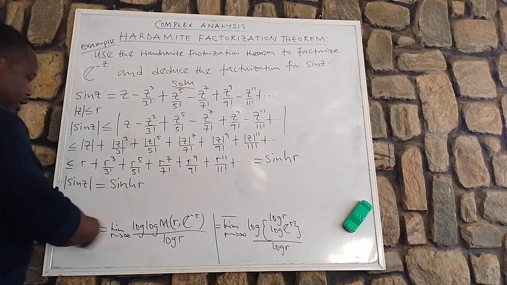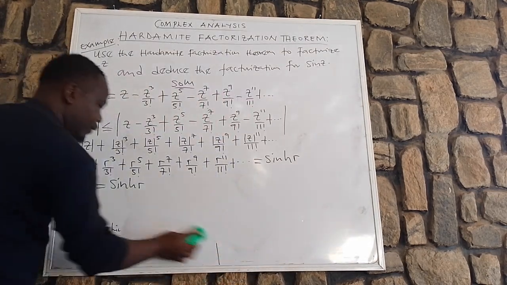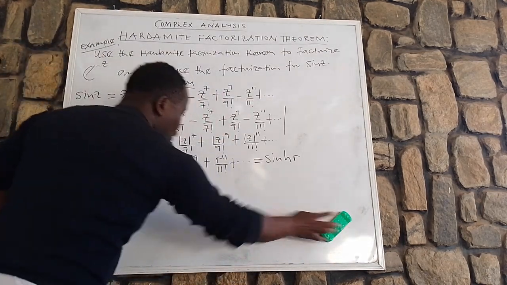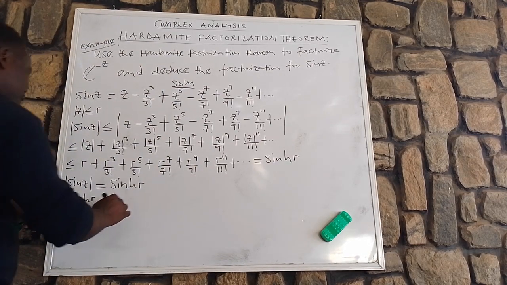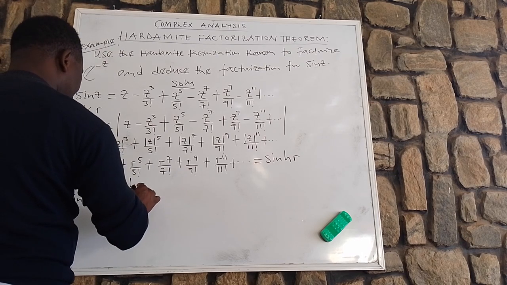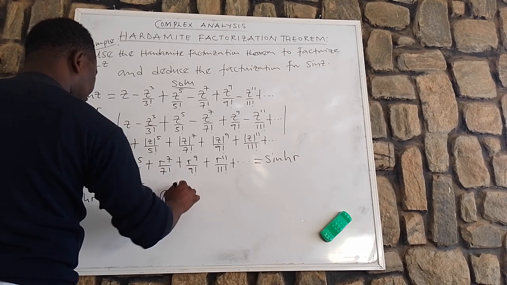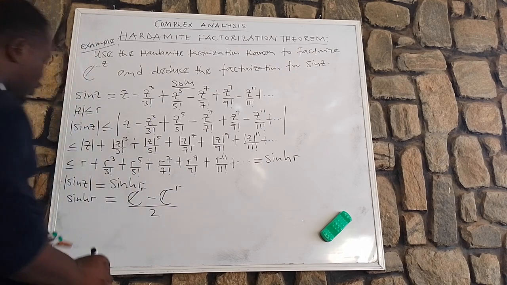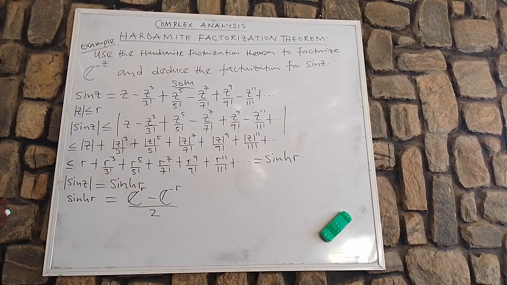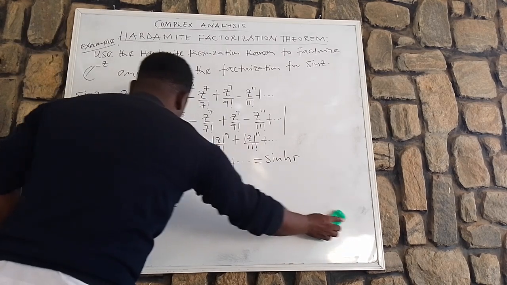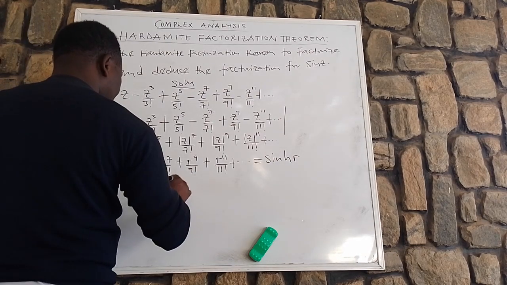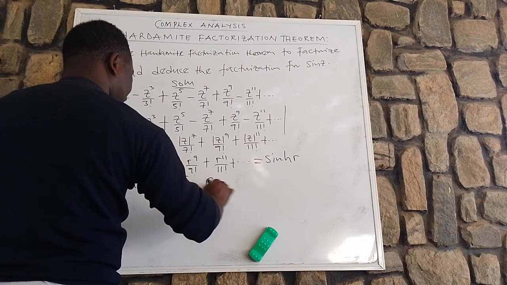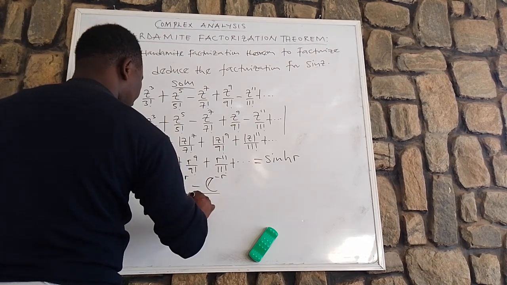Okay, can I clean this part? Go back to your hyperbolic function where we know that sinh R is the same thing as exponential R minus exponential minus R all over 2. So this is the same thing as this. So please take note. Are you following? So this implies that this is the same thing as exponential R minus exponential minus R all over 2.